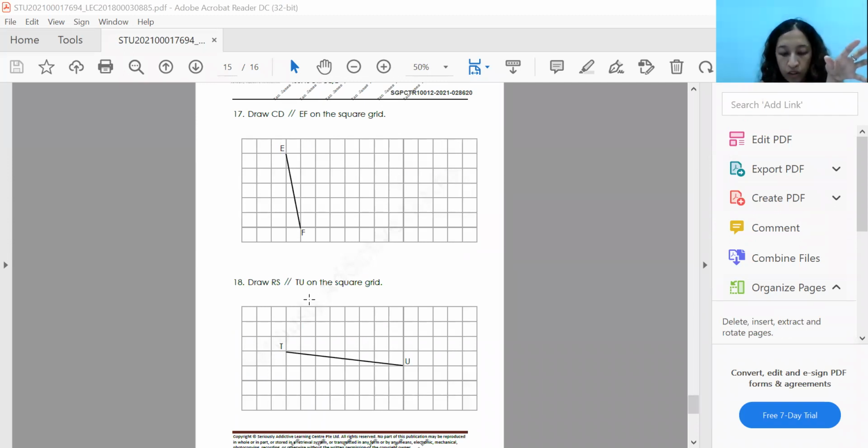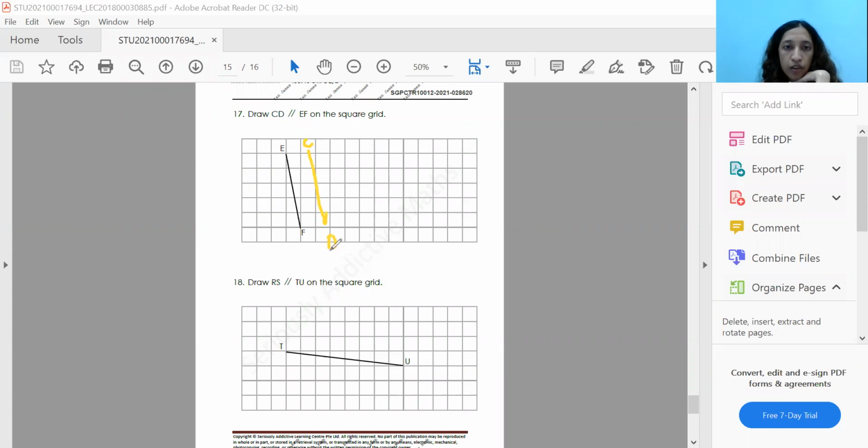Okay, I would want you to pause on this video and do this question. Draw CD parallel to EF on the square grid. So something like that. See? Okay, let me try. Okay, something like that.